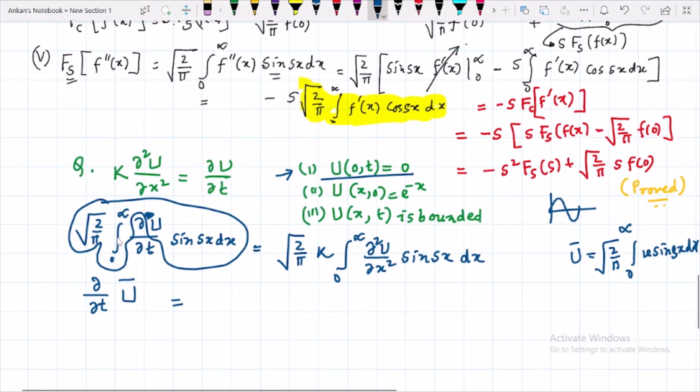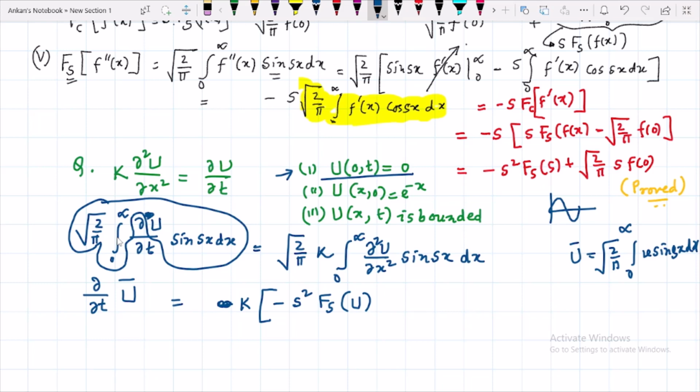so minus k is present by default, so I can write k times minus s square Fs of u, and plus root over 2 by pi s f0.